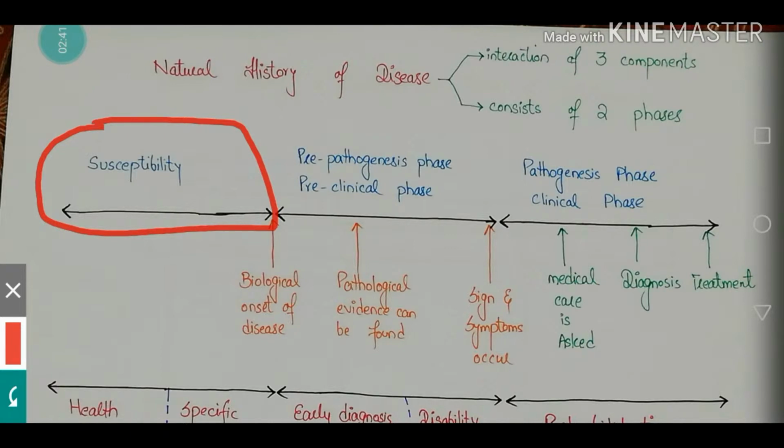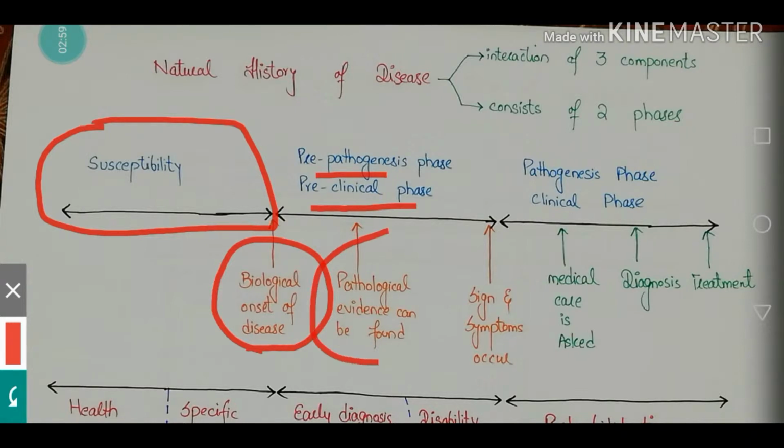Then comes the pre-pathogenesis or preclinical phase. In this, there is biological onset of the disease, that the patient has come through any means in proper contact with the agent that is going to be responsible for that disease. Though pathological evidence can be found if only examined, there will be no signs and symptoms yet.